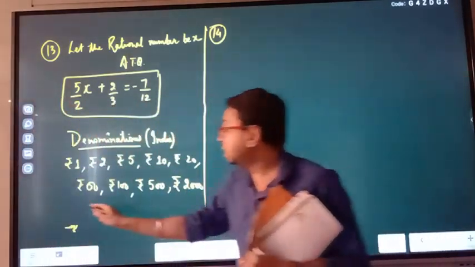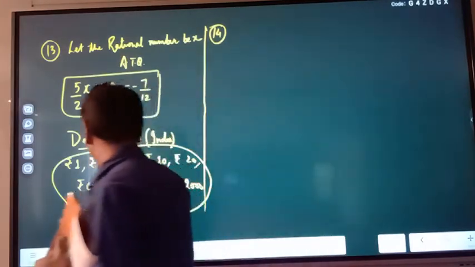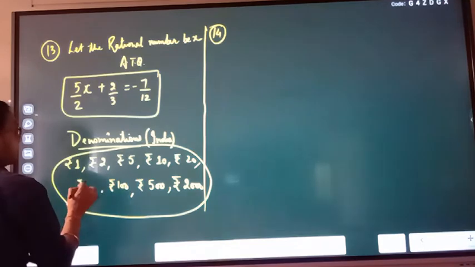You can see the notes in these denominations.